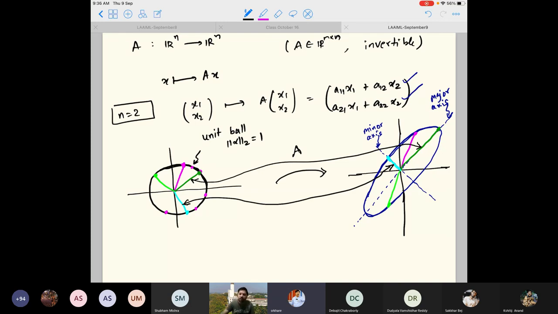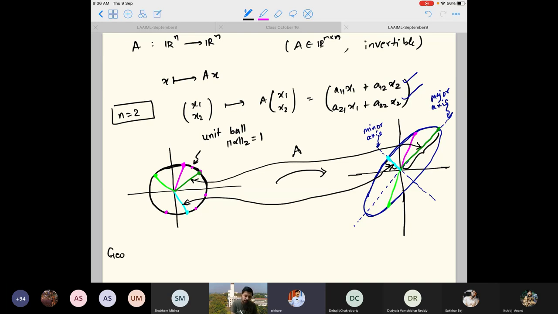And clearly, what is the maximum magnification? Maximum magnification, do you all agree, is this particular length, half length of major axis? And what is minimum magnification? Minimum magnification is half length of minor axis.